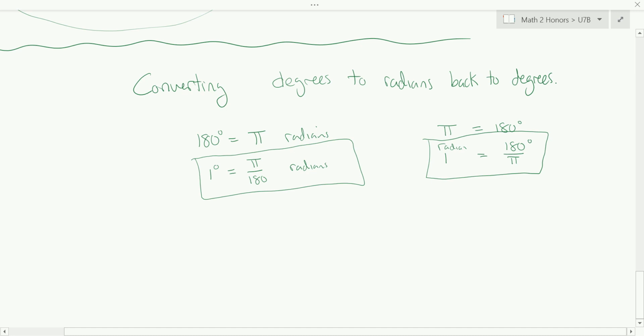So for example, if I have 3 degrees and I want to convert that to radians, well, that's the same thing as 3 times 1 degree. And 1 degree is pi over 180. So I'm going to replace the 1 degree with pi over 180.